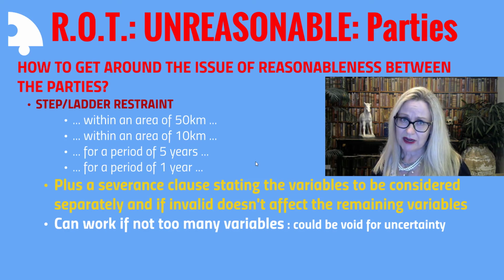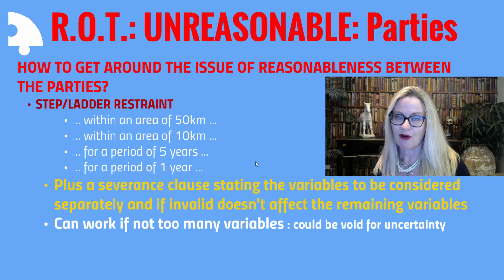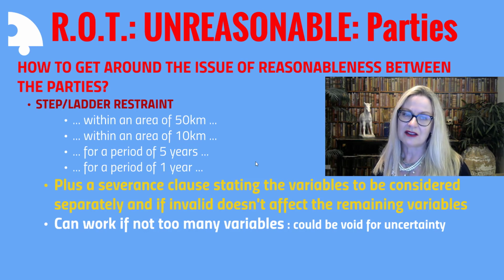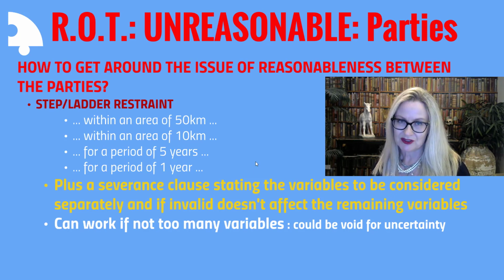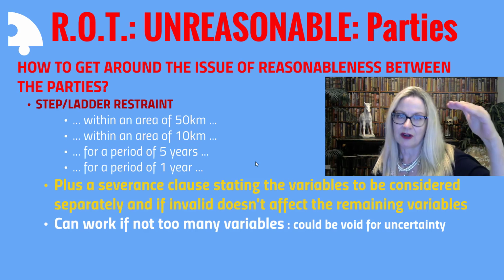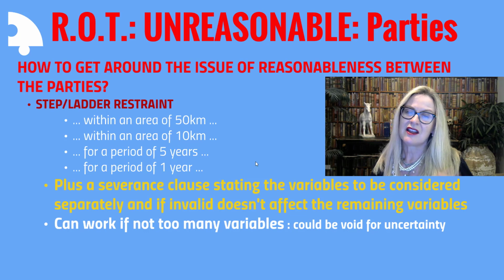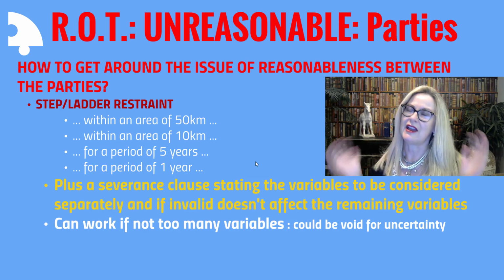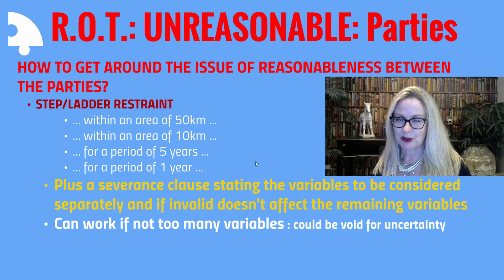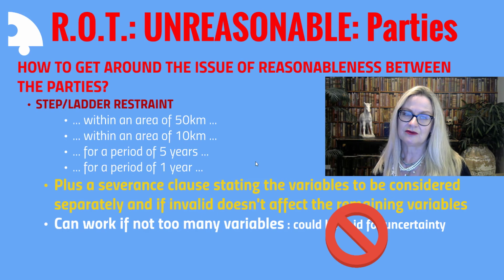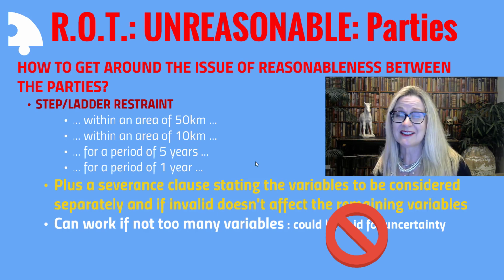That all sounds like a great idea. However, courts can tend to get a little bit ticked off with these kinds of restraints where there's too many variables. So if you've really gone for gold and you've gone 100 years, 99 years, 98 years, 97 years, and you said the court can just strike out whatever ones they think are offensive, the court will just throw their hands up and say, sorry, too many variables there, and the whole restraint is void for uncertainty.